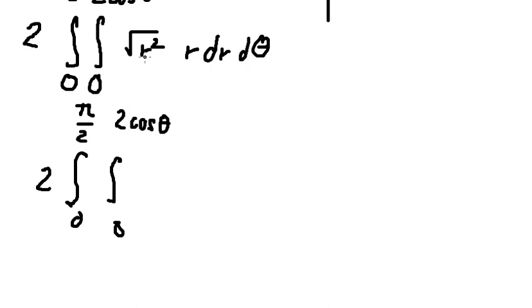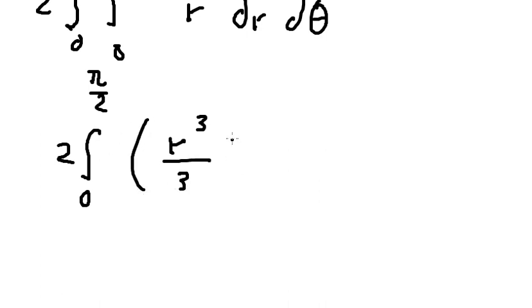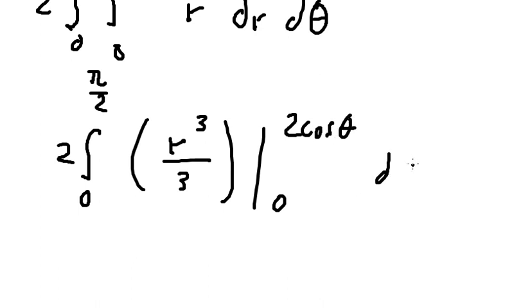So r squared and r, that is r cubed. The integration of r squared is r to the power of 3 over 3. And we put the bounds from 0 to 2 cosine theta. So I will put this one going here, number 0 going here.